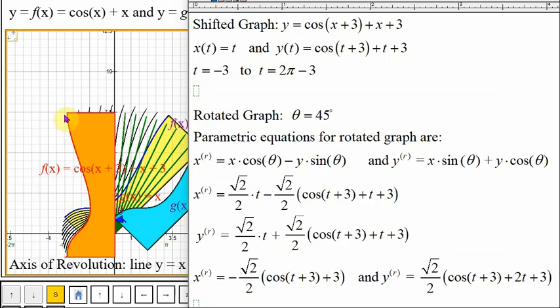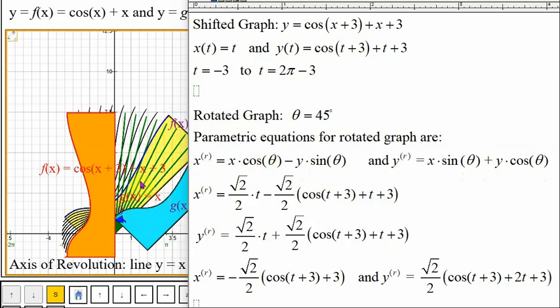The parametric equations for this graph are going to be x rotated equals x cosine theta minus y sine of theta, and y rotated equals x sine of theta plus y cosine of theta. Once again, this x and this y are points on this graph, not on the original, since we're rotating this graph.